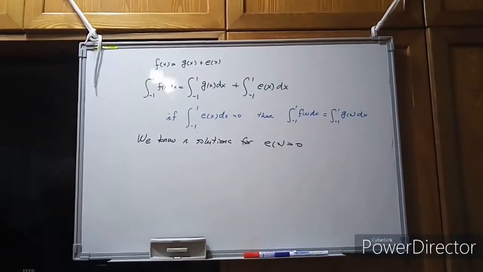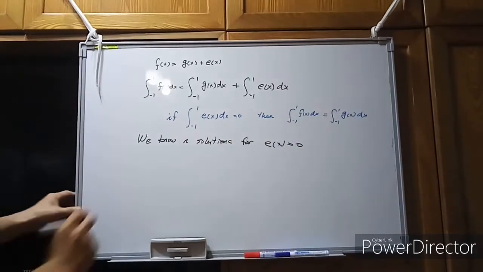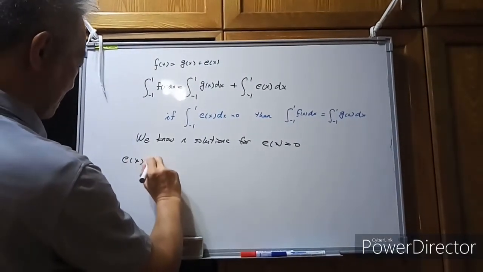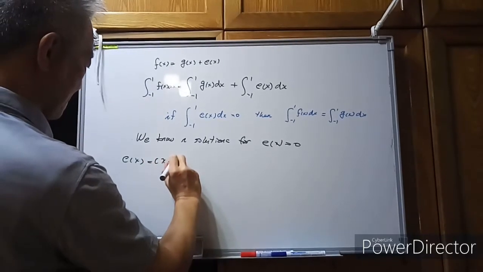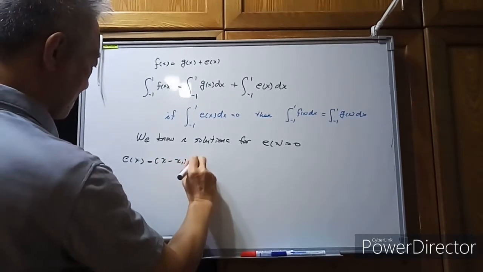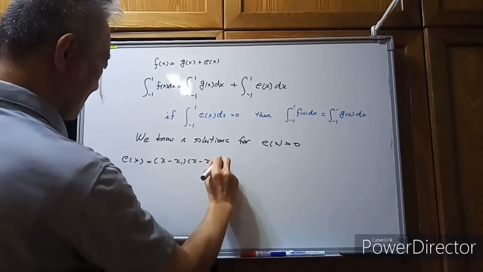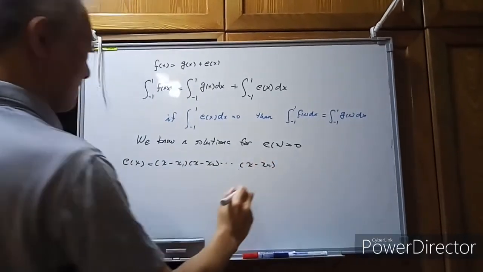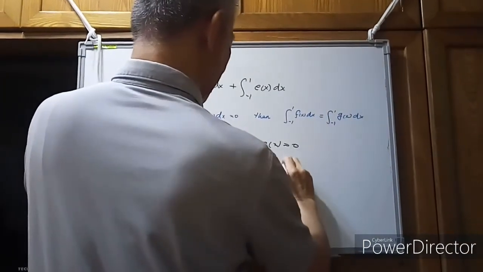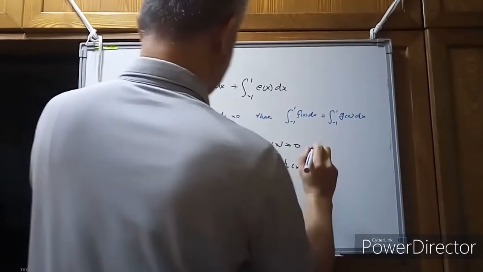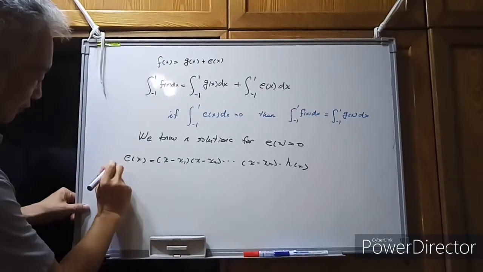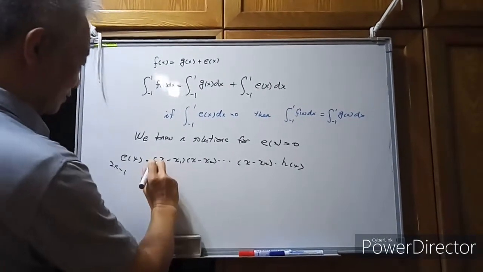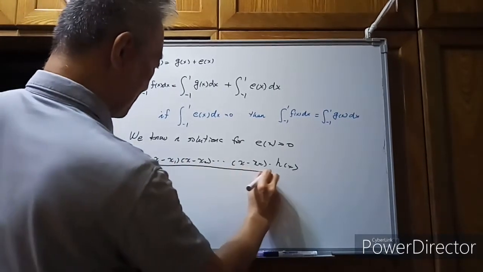Okay, we know there are n solutions, so we can know the E of x, and we know the E of x is 2n minus 1, and for all these terms.